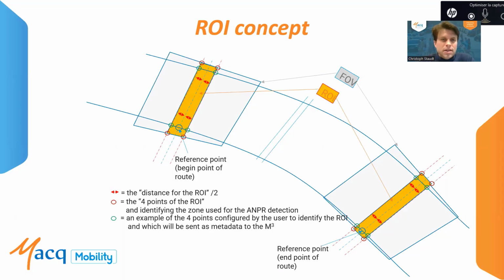What you can see is the field of view of the camera, which is here marked as a blue square. This is what you really see with your camera, and within this field of view, you can define a certain polygon surface where the ROI, the region of interest, should be.